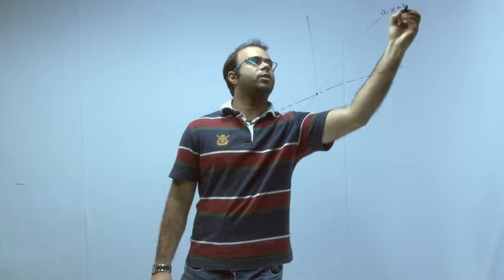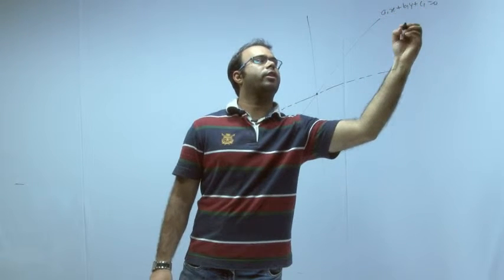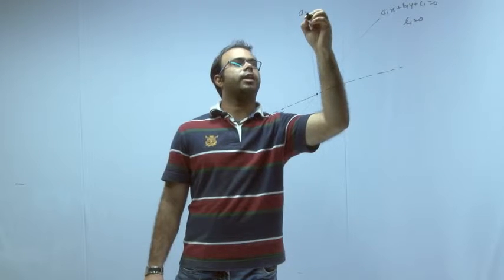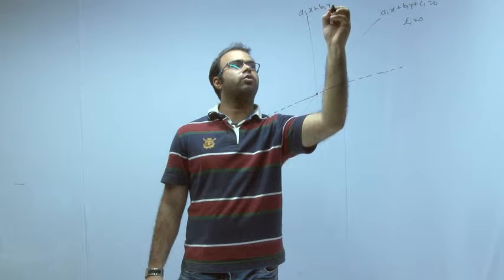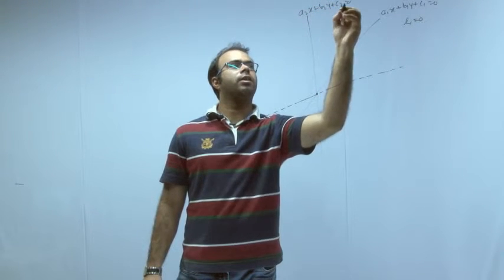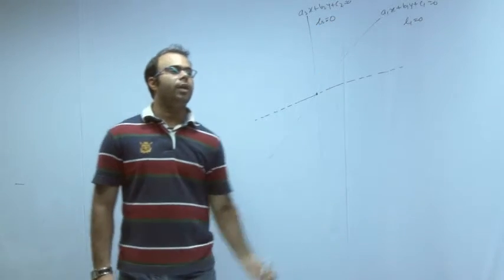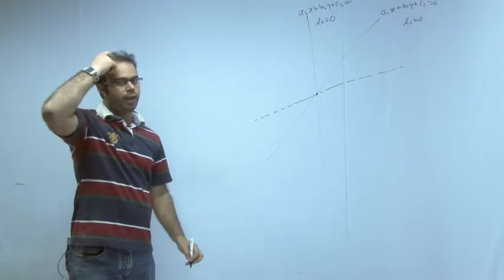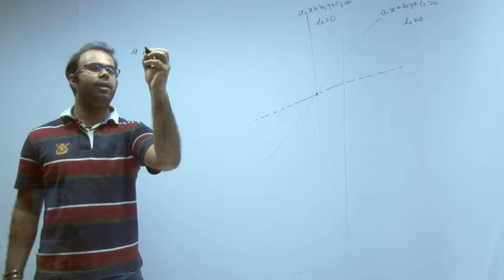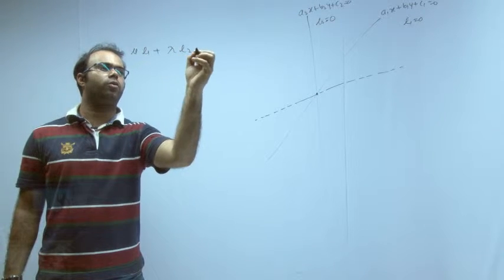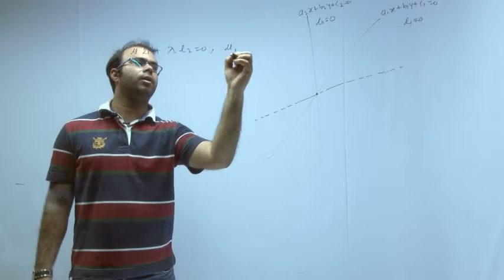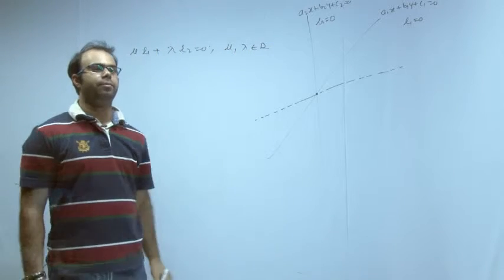This line is a1x plus b1y plus c1 equal to 0, in short written as L1 equal to 0. This is a2x plus b2y plus c2 equal to 0, in short written as L2 equal to 0. Any line passing through the intersection of these two lines is given as mu L1 plus lambda L2 equal to 0, where mu and lambda belong to the real numbers.